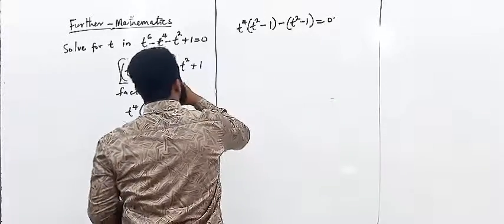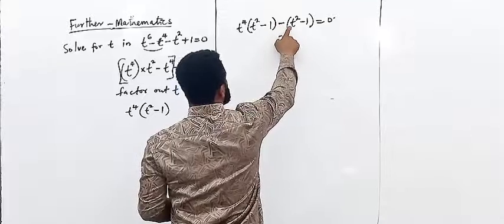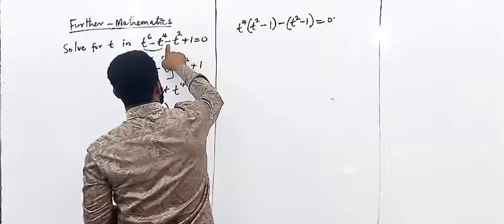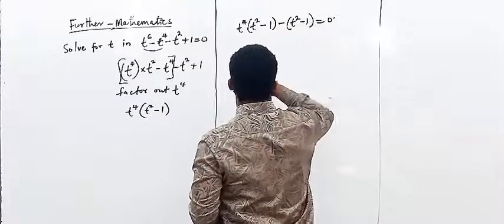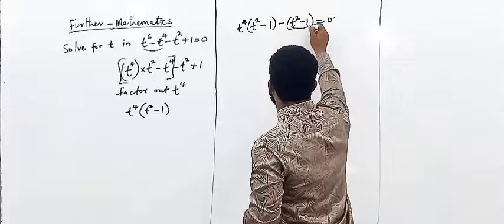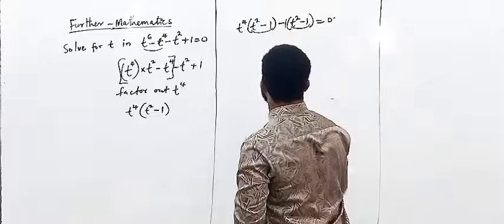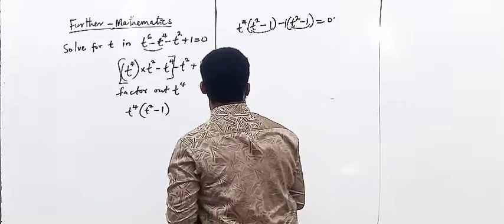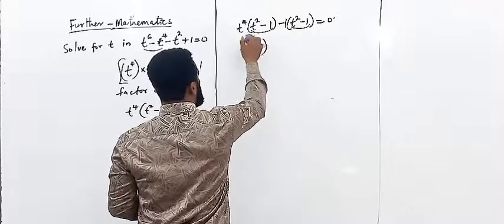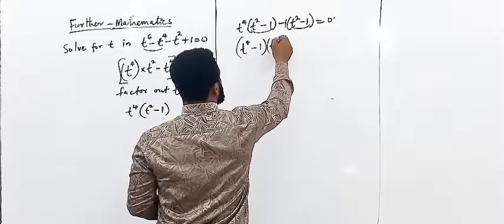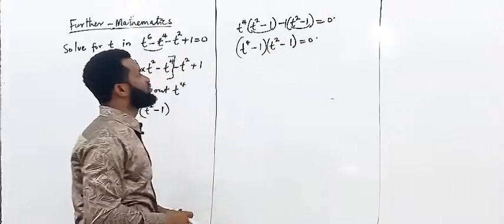I still left this the same way it is, because minus t times t raised to power 2 is going to give me minus t raised to power 2, and minus times minus is going to give me plus. What is in this bracket must be the same thing in this bracket, but remember that 1 should be there. So let me factor out: t raised to power 4 minus 1 all bracket, t raised to power 2 minus 1, equal to 0. That is what I have done.